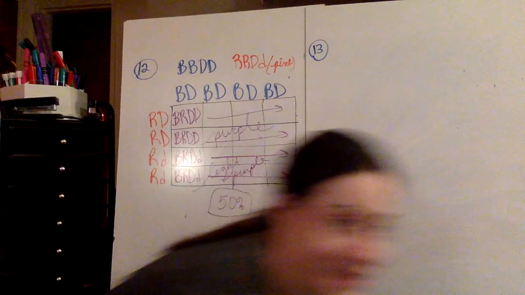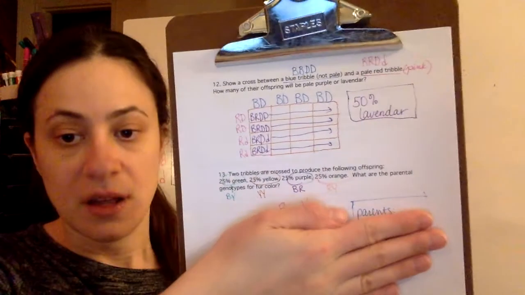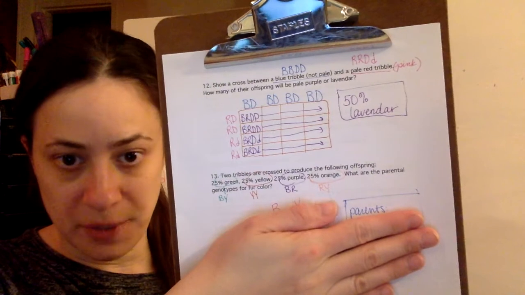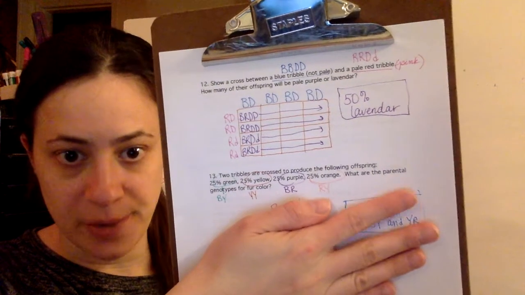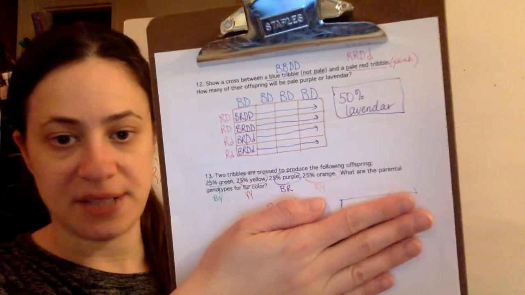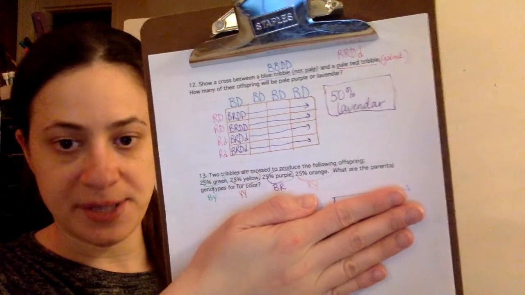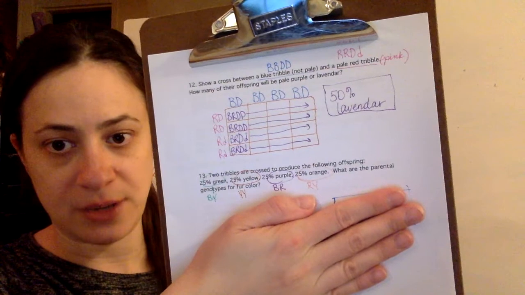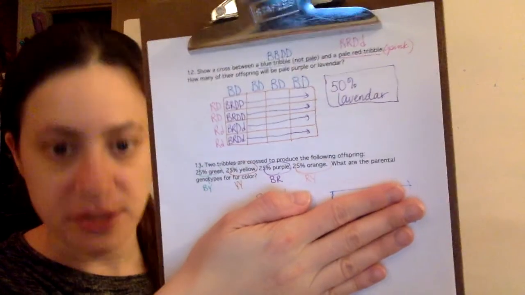So then number 13. So 13 says, two tribbles are crossed to produce the following offspring: 25% green, 25% yellow, 25% blue, and 25% orange. What are the parental genotypes for color?